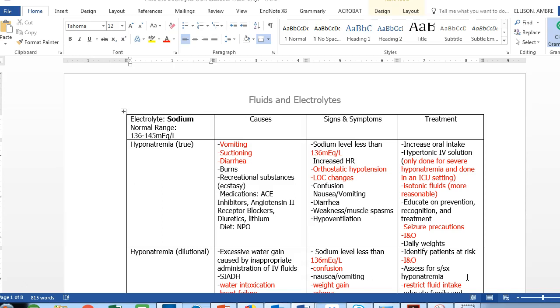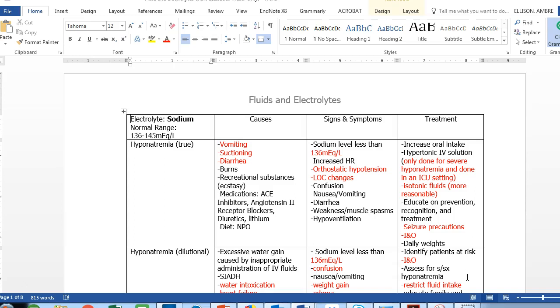There are two kinds of hyponatremia. I didn't go into it in class, but you can have an acute hyponatremia and a chronic hyponatremia. People who chronically have low sodium are less likely to have a seizure.